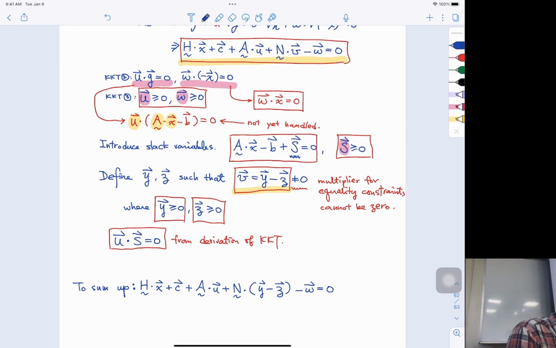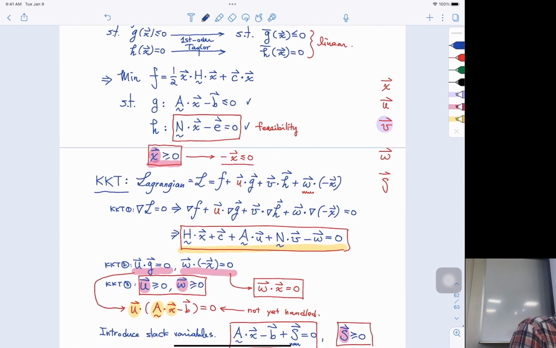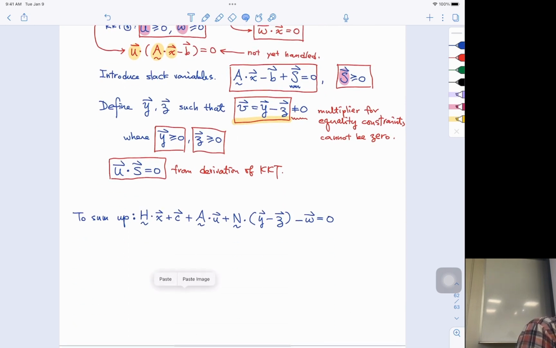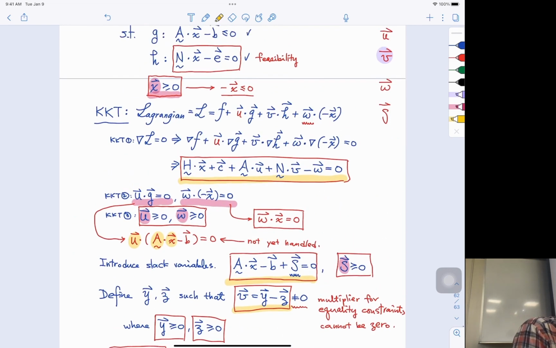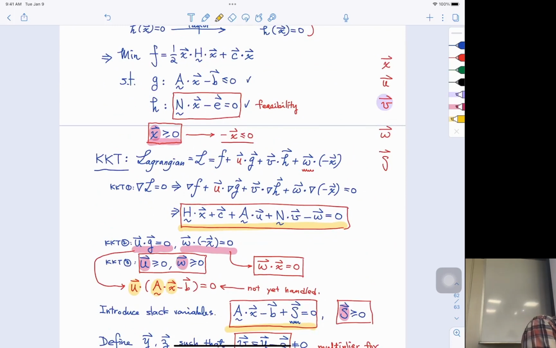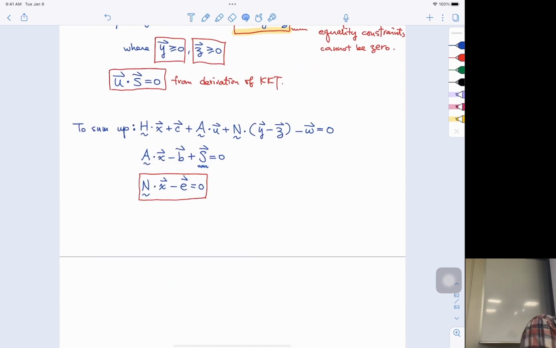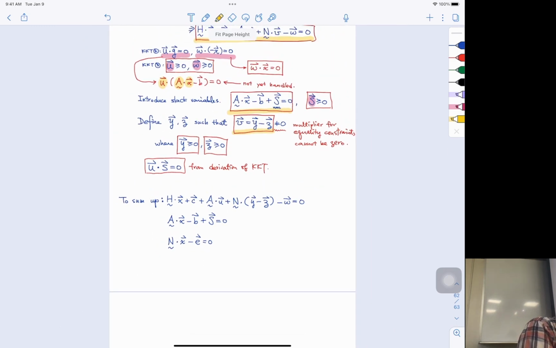Now the other box I'm going to use is this one. That particular one, I will draw a yellow line underneath. Okay, that one's good. Next, I'm going to pick up this particular one, the equality constraints, paste it here, and draw a yellow line.